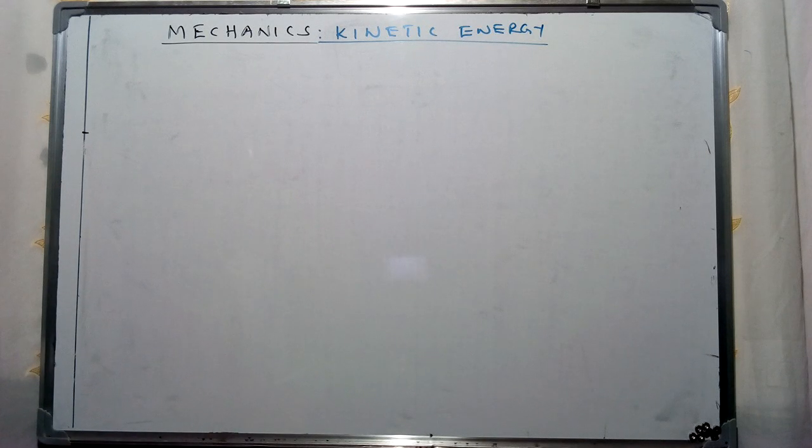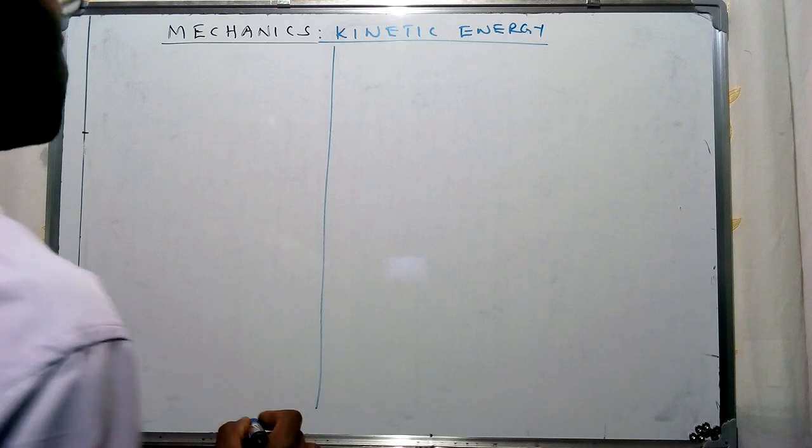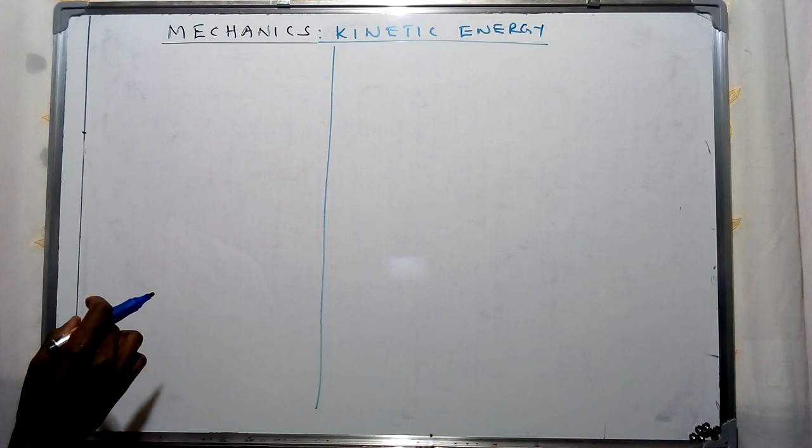Now in this case, we're going to consider a particle of mass m moving under the action of a constant force, whereby we're going to use these specific initials in trying to find a way of representing kinetic energy.